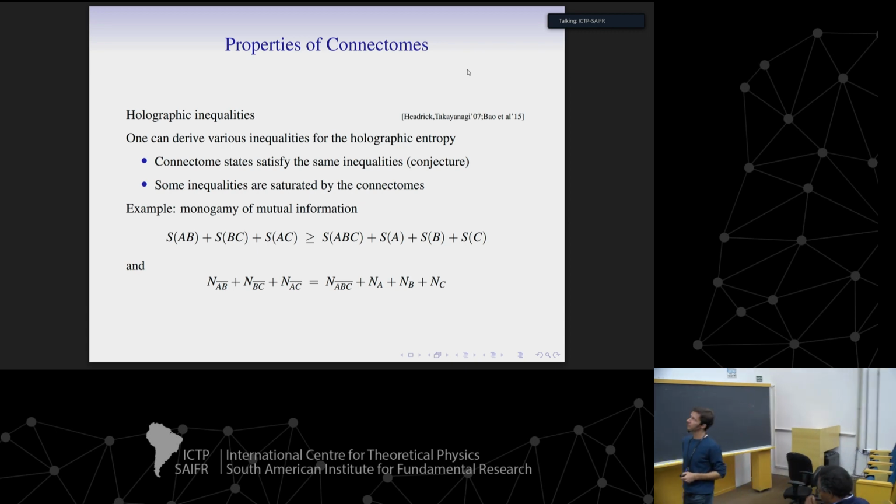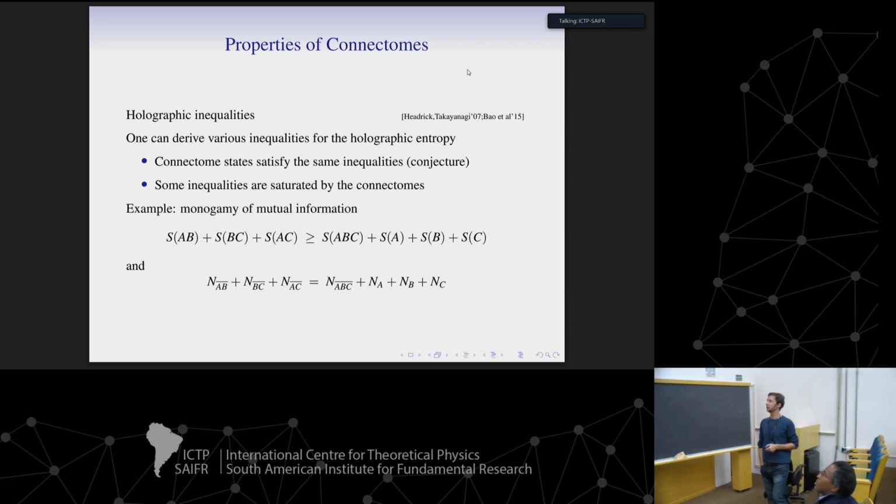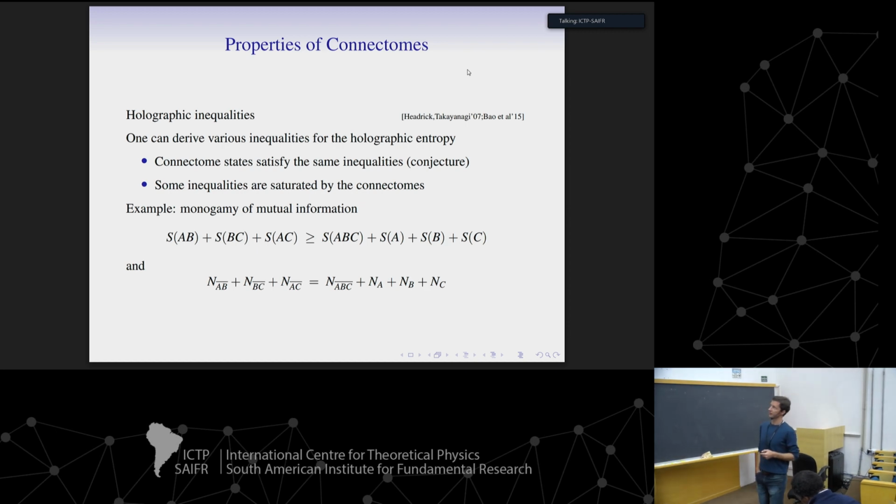Because this derivation of the inequality is very similar to the calculations that were done in holography, initially by Hayden and Takayanagi, but by others as well, I think that in this case you will derive the same inequality as in the case of holography.